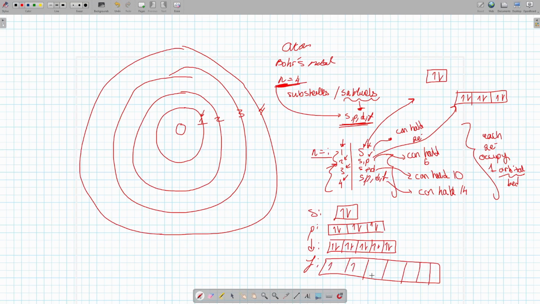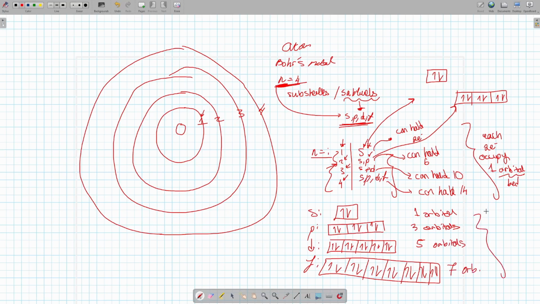It doesn't matter now, but later on you have to do it this way. You need to follow this way. So S has 1 orbital. P has 3 orbitals. D has 5 orbitals. And F has 7 orbitals.